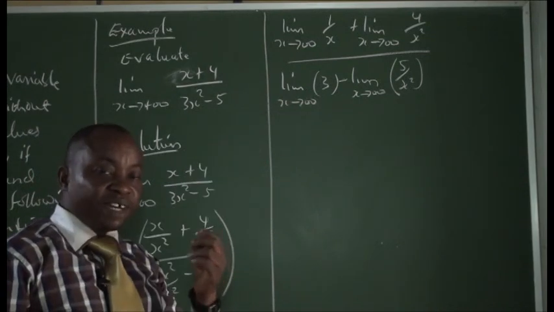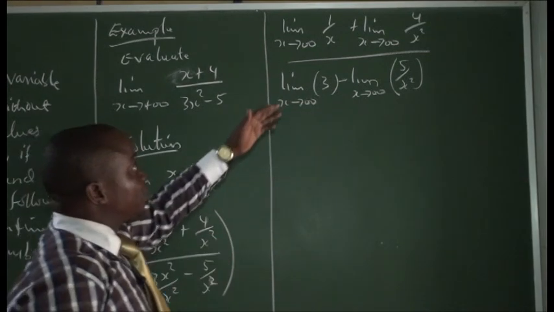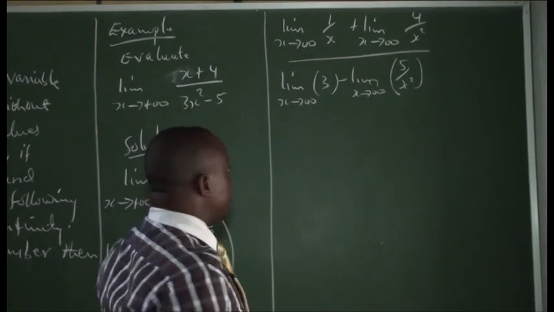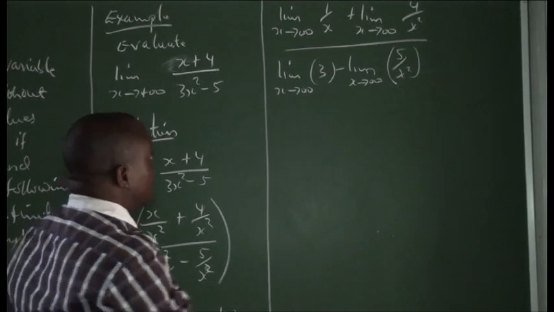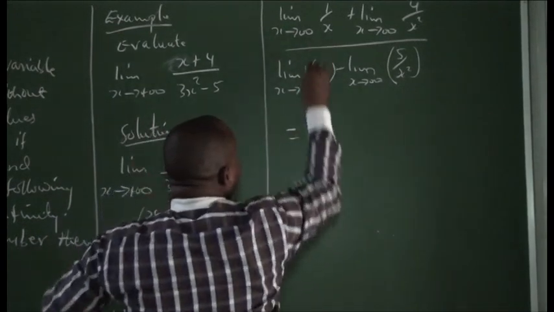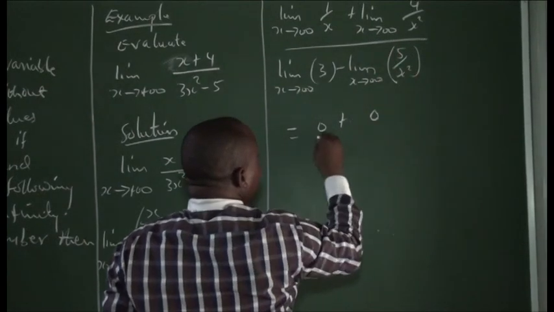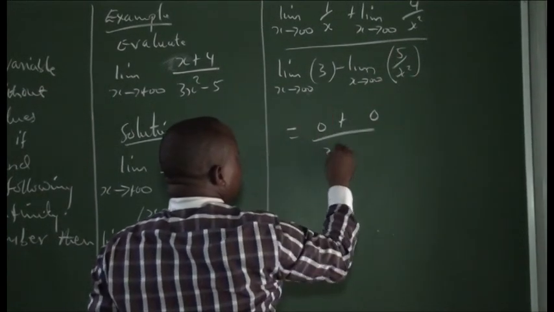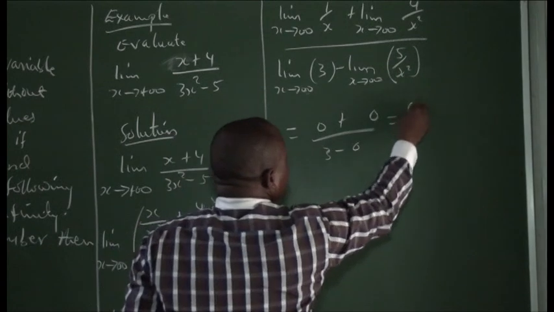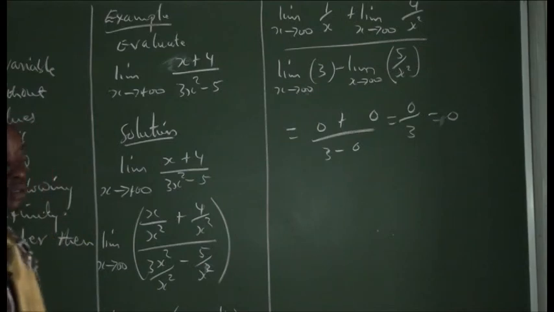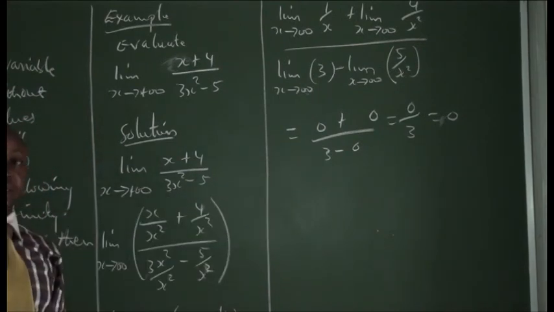So it will be very, very small, and before you know it, it will converge at 0. So that is what this theorem was trying to say. So this here will have 0, plus the same thing happens here, 0 over, this is 3 minus 0. And this gives us 0 over 3, which is 0. So the limit there is 0.